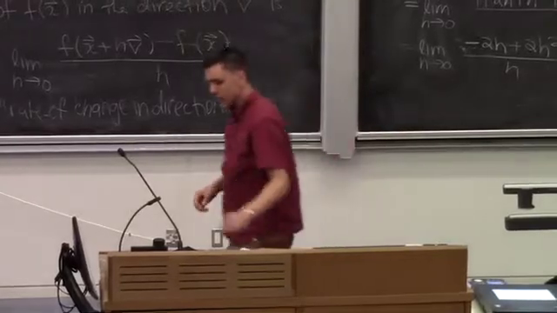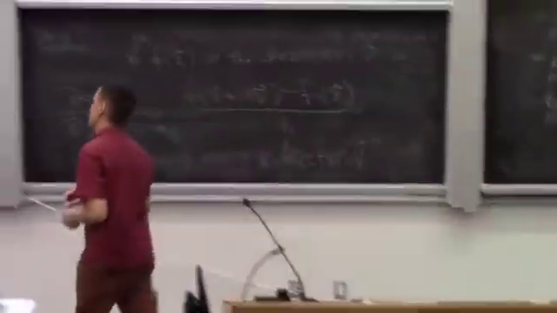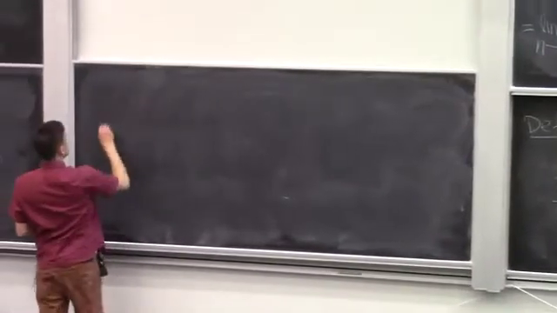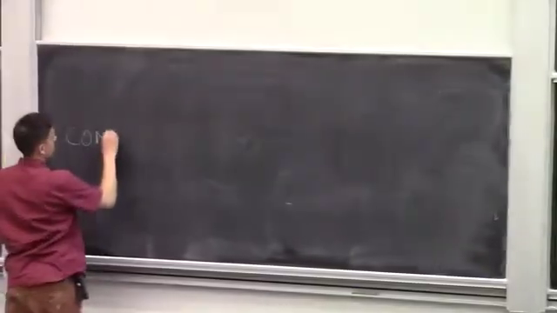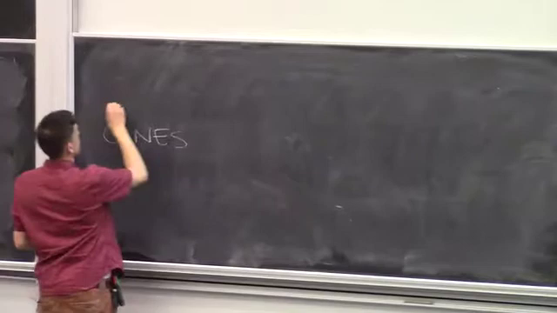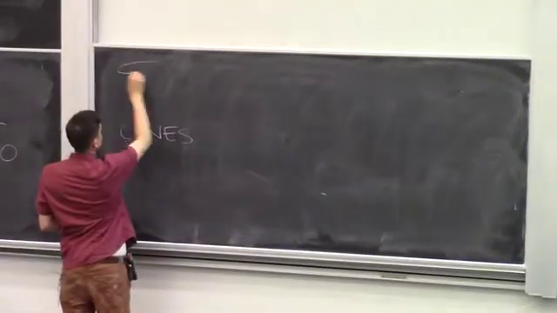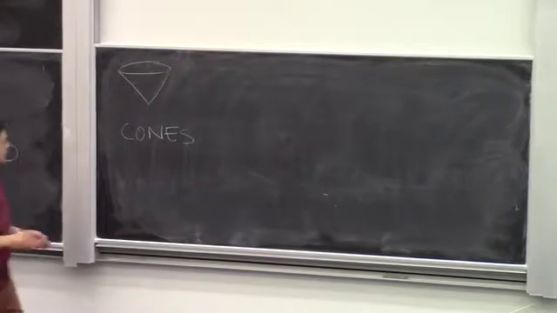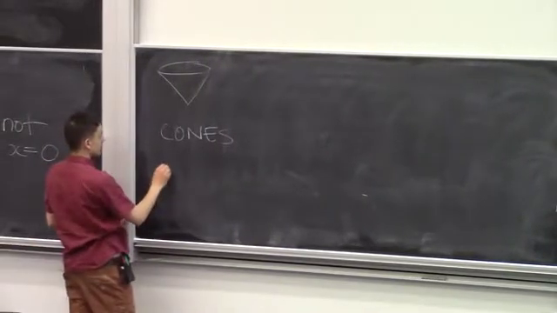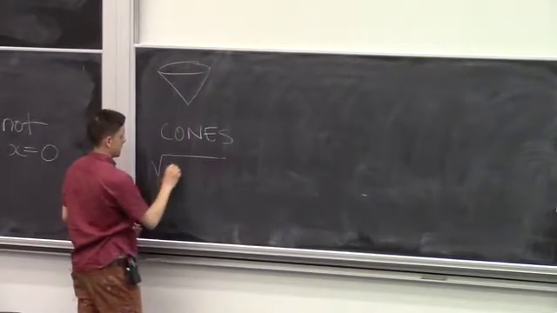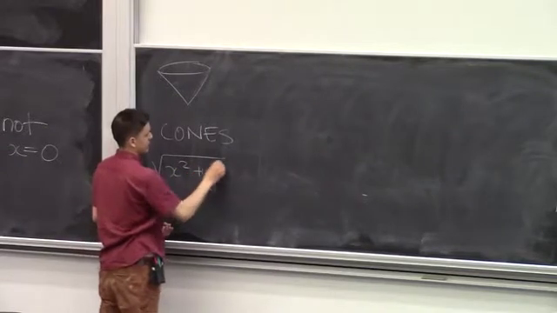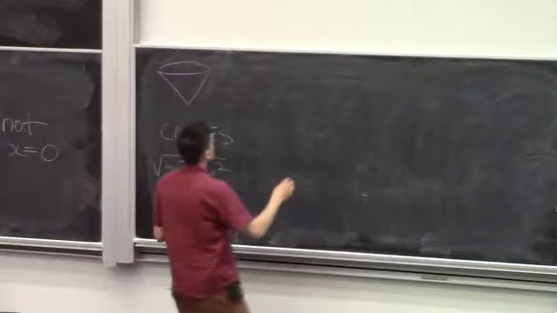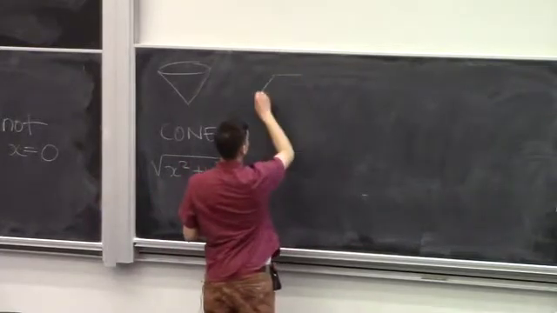Okay? So to summarize, we can have cones. Right? So things that look like this. So that would be a graph like this. We'll have a cone at the origin. We could have a fold.